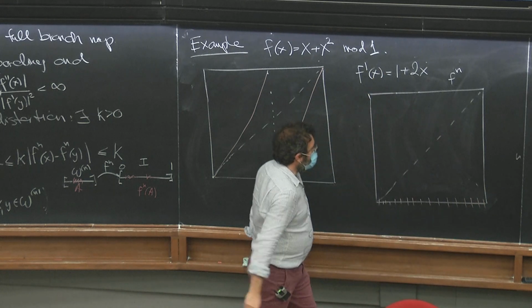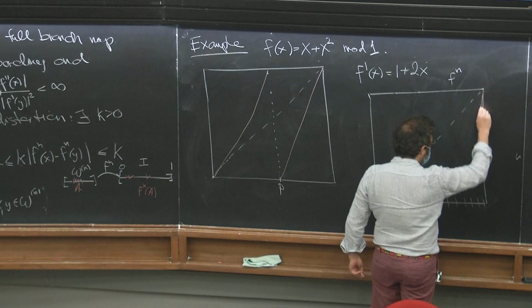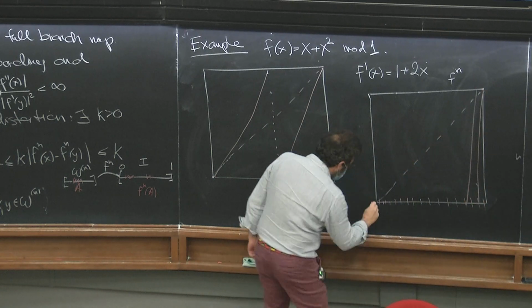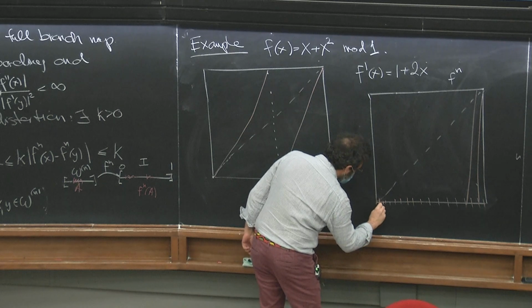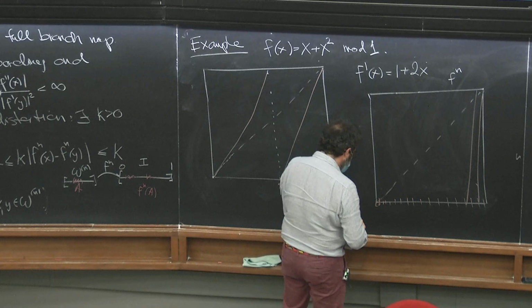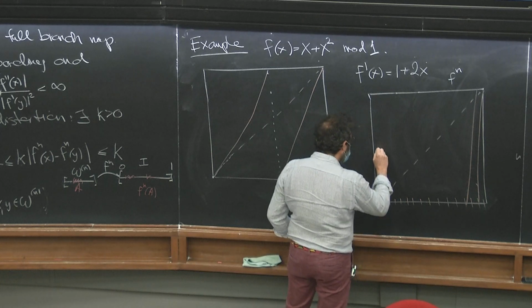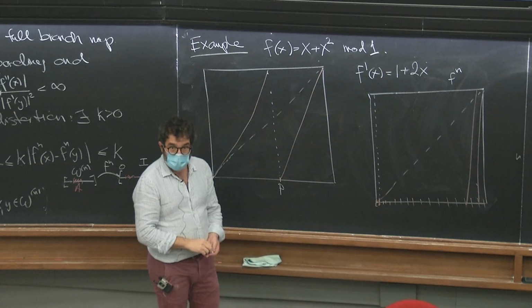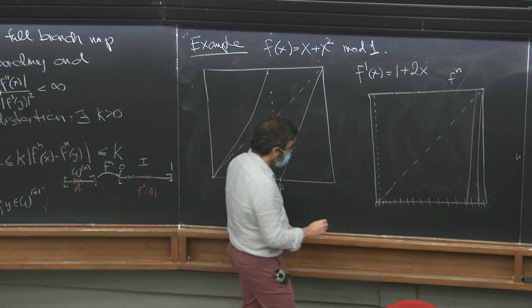These branches are going to be all very steep, a big derivative, okay? And what about this first branch? This first branch is going to map to the whole interval, right?